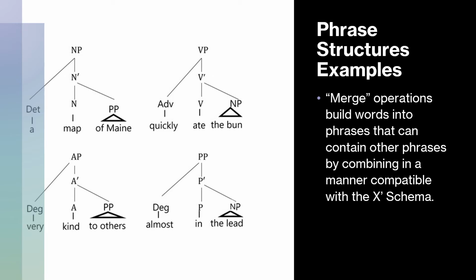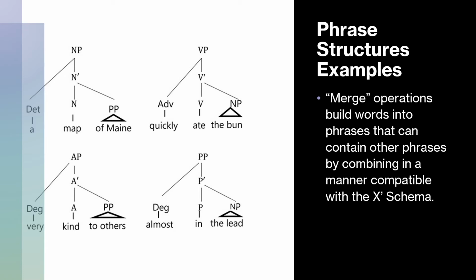The same thing is true for each of these examples, right? The verb phrase quickly ate the bun. We have a verb phrase, right, built around the word ate, but the bun is a noun phrase within that, and quickly is an adverb within that, right? And the adjective phrase built around the adjective kind, very kind to others, right? Very specifies how kind, it is a degree word. And the prepositional phrase to others gives us the information about who someone is being very kind to, right?